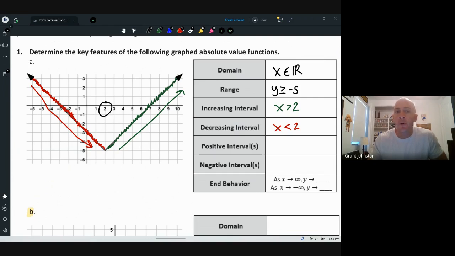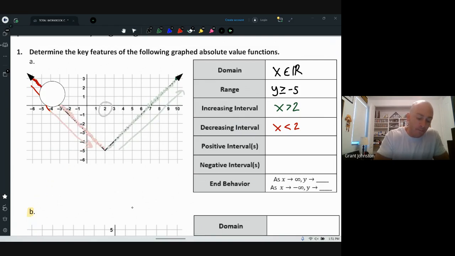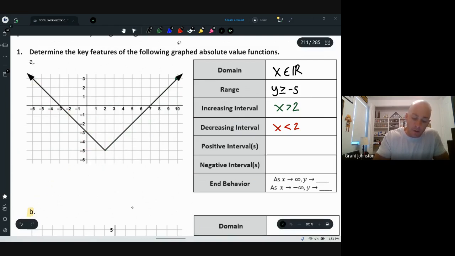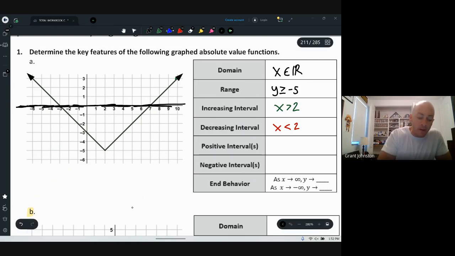All right, I'm going to erase these scribbles so that it's clear enough for us. Now, the positive interval is when it's above the x-axis, when the y values are positive. So it's positive in a couple places, here and here.